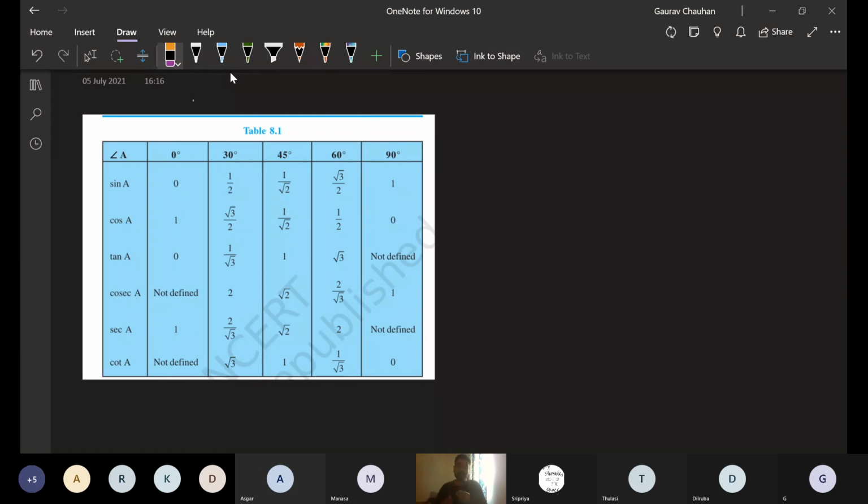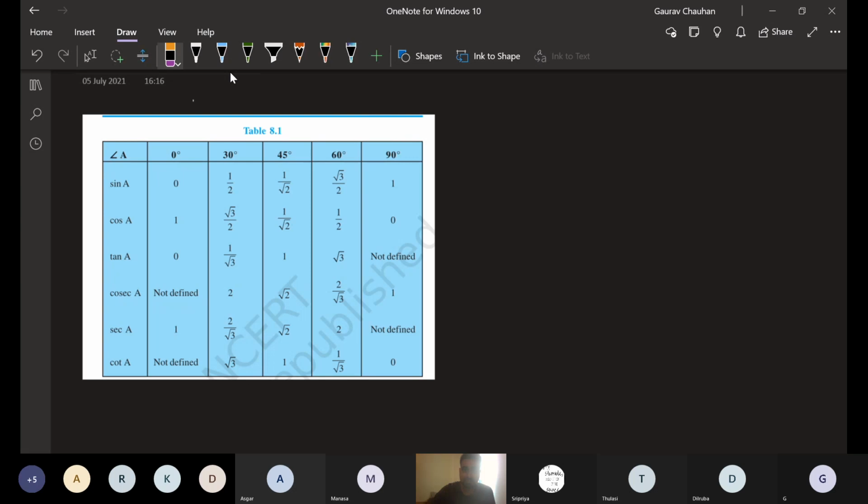But right now, in today's class, what we are going to do is see how these values are actually coming. We know that there are fixed values, but how are they fixed? We're going to see the derivation of these values.